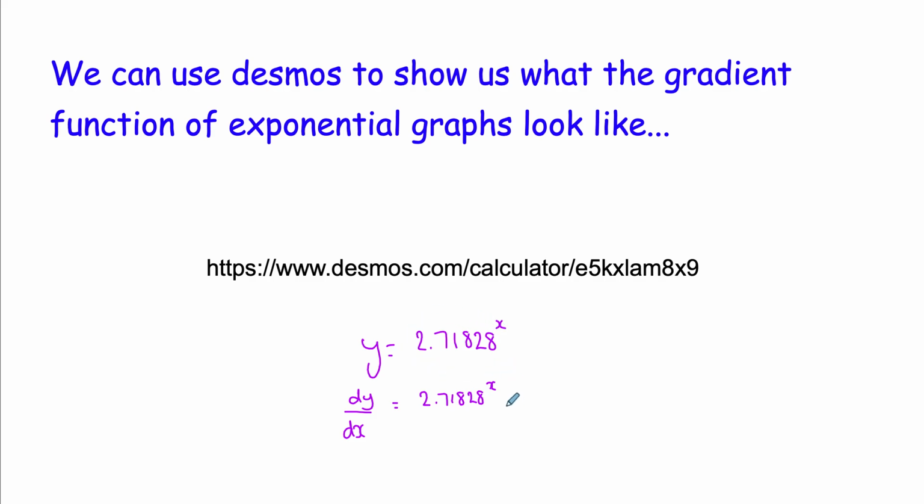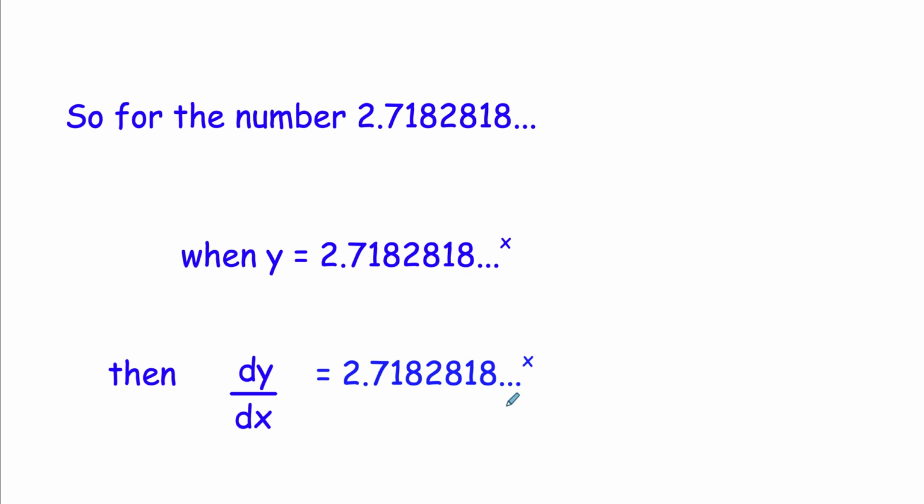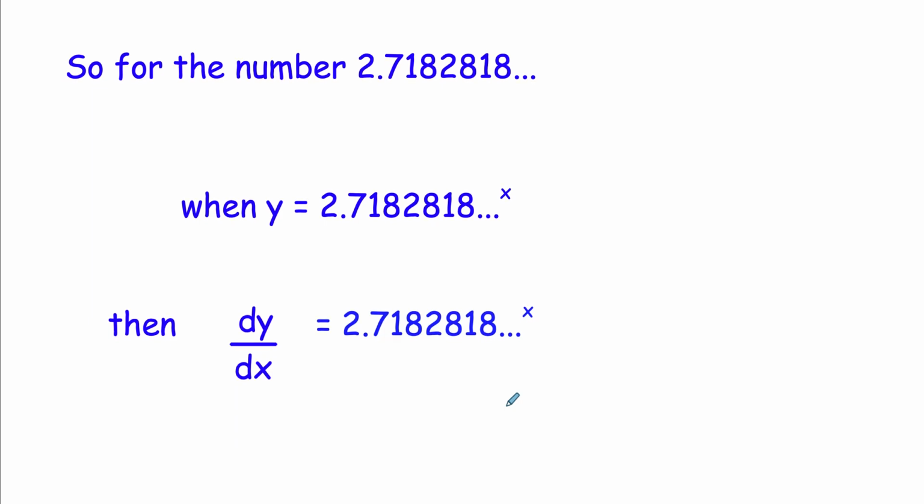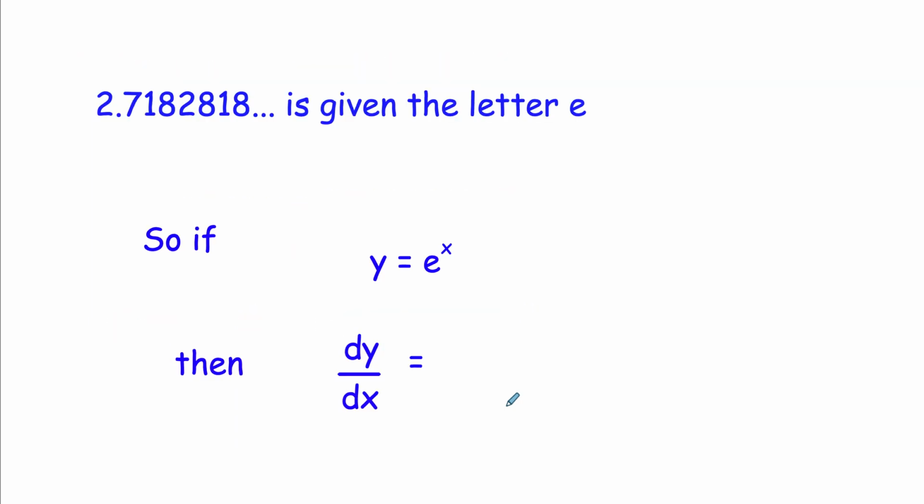You might recognise that number. That number is what we give the letter e to. So you will hopefully have seen e to the power of x in your working whilst you've been at home. But this is why e is given this number.